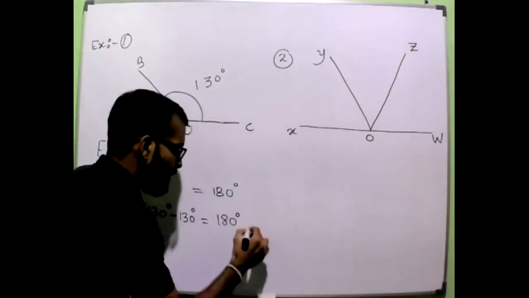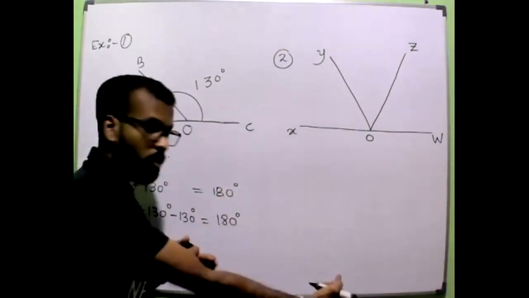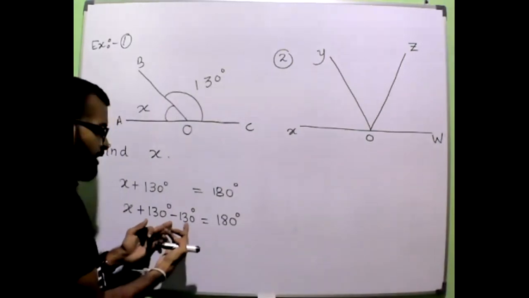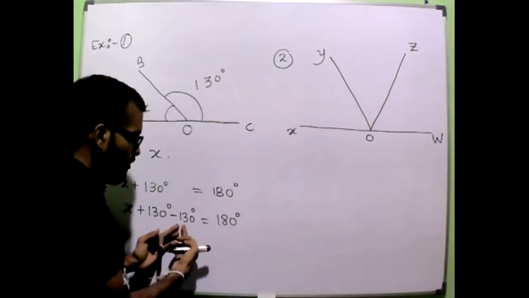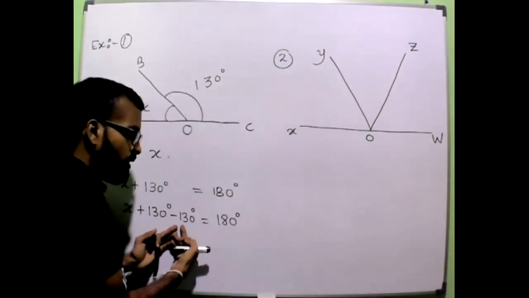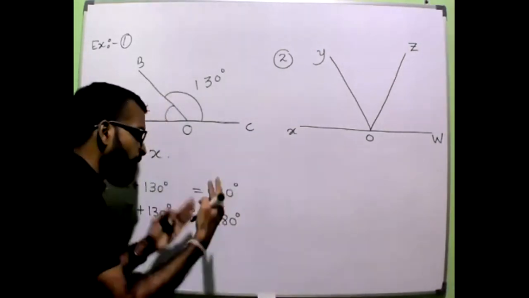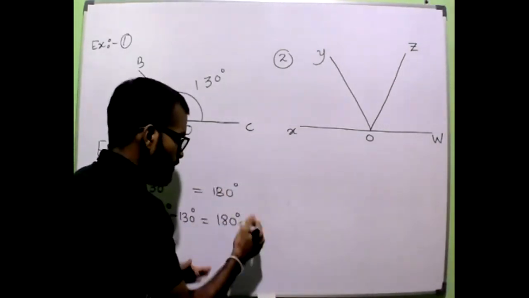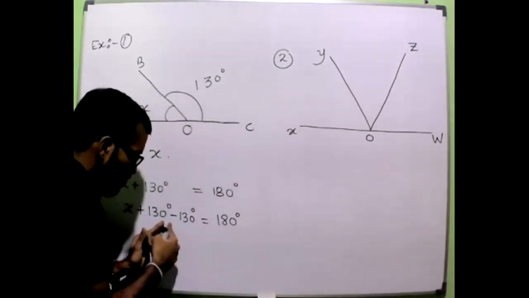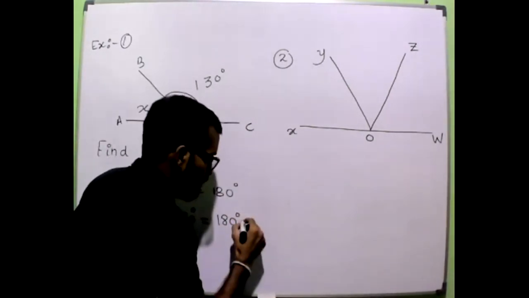I will do the same thing to my right hand side also. In my left hand side, I have subtracted 130, and at the same time, I will do the same thing to my right hand side also. Negative 130.